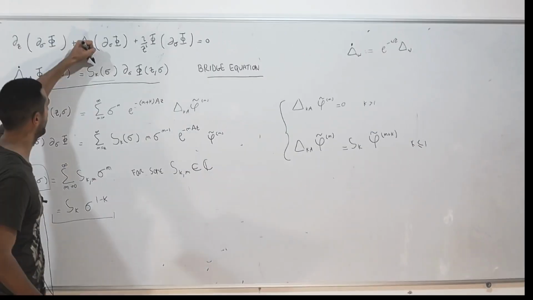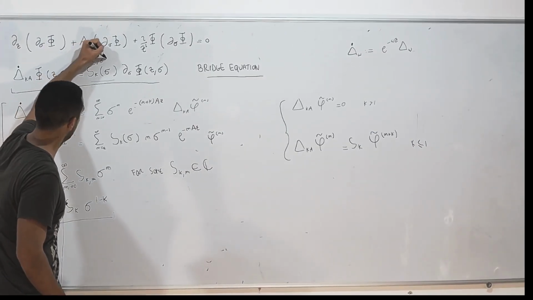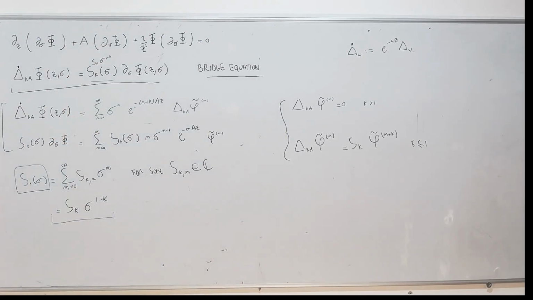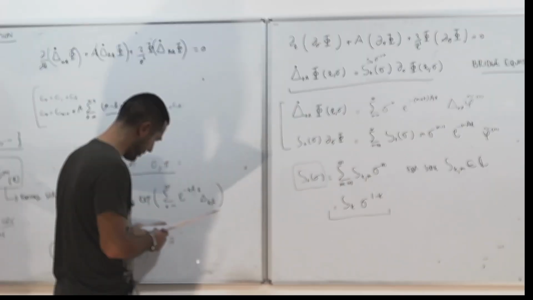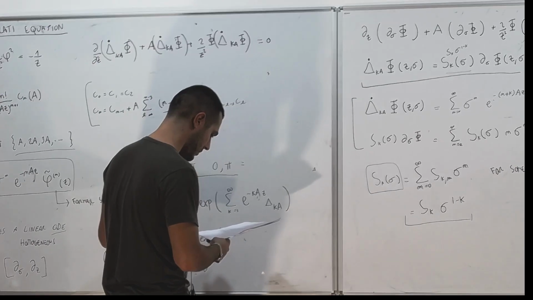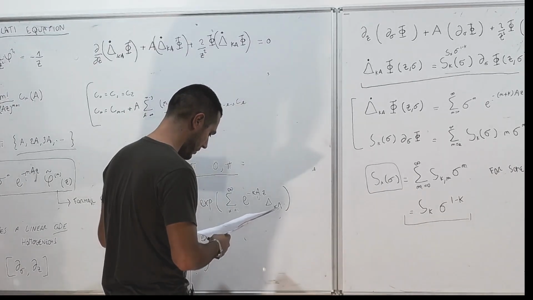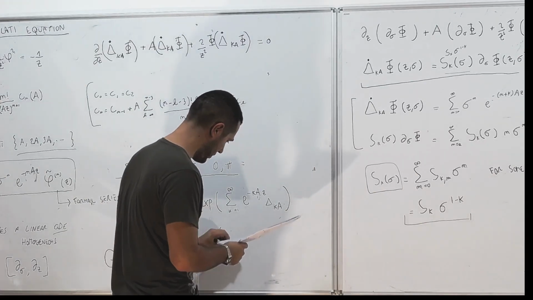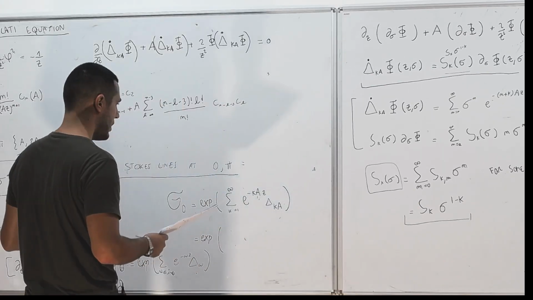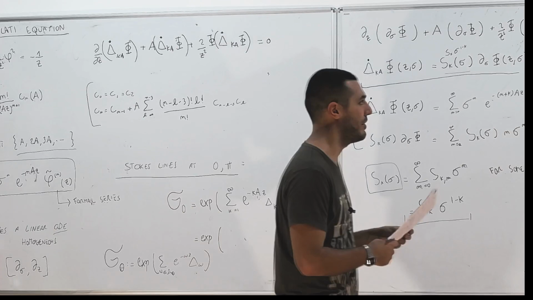So this is actually sk sigma 1 minus k. Sorry, I forgot a little step here.